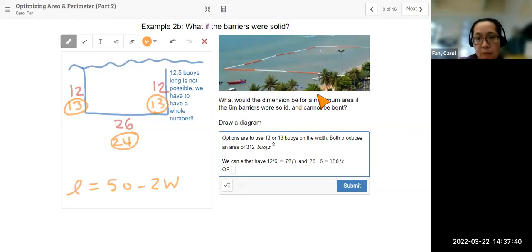Okay, or we can have 13 times 6. Now these would produce a slightly smaller area, but sometimes these are the constraints if we have a solid barrier.